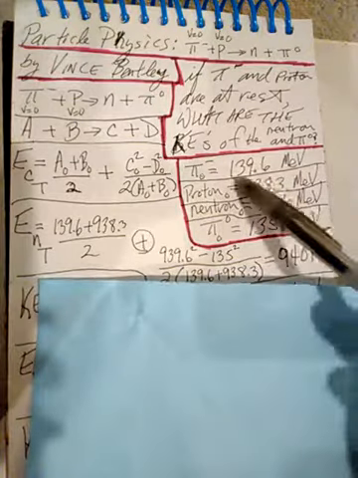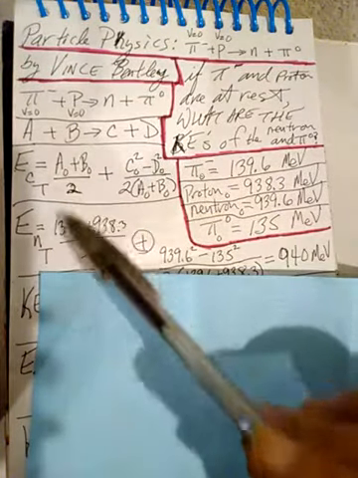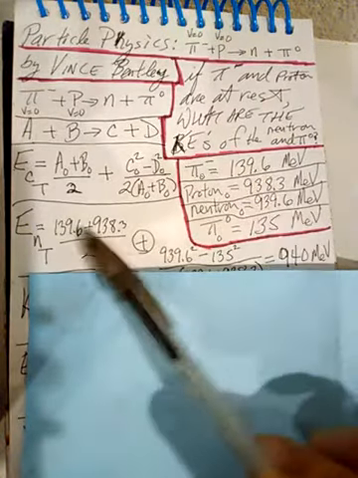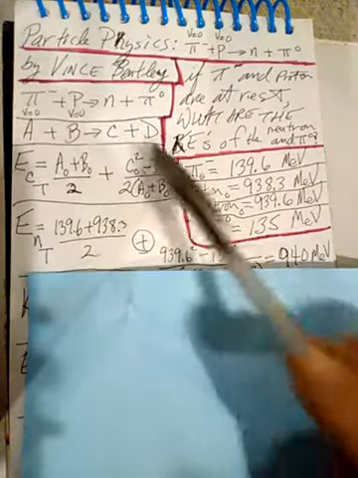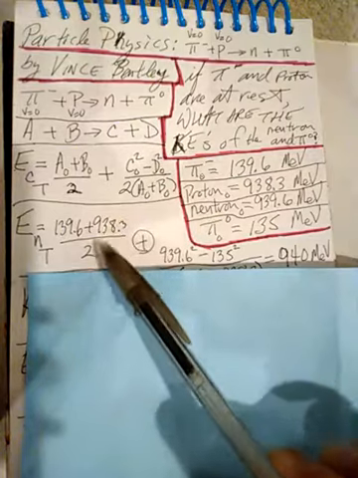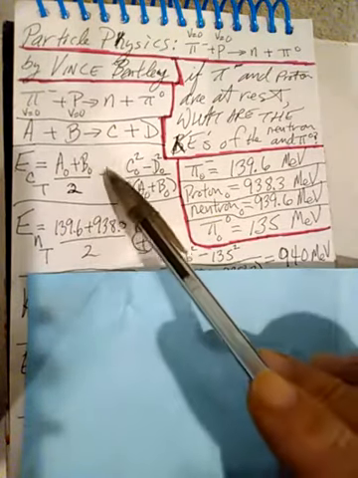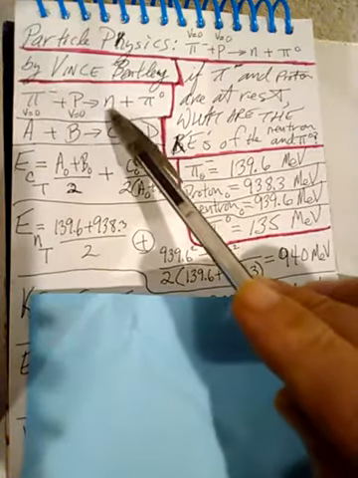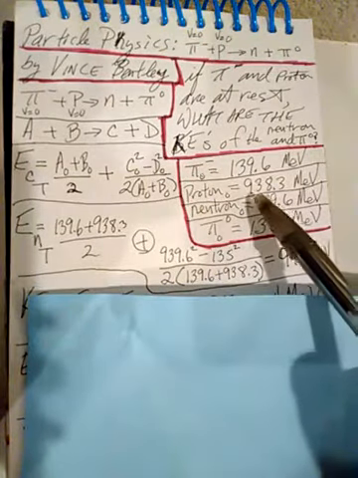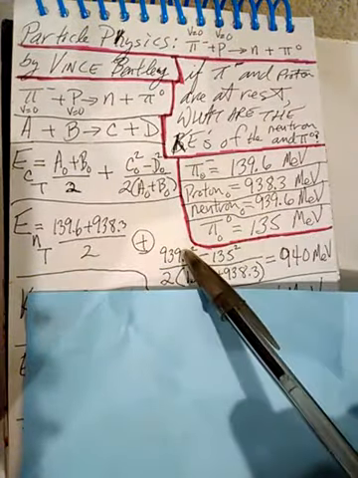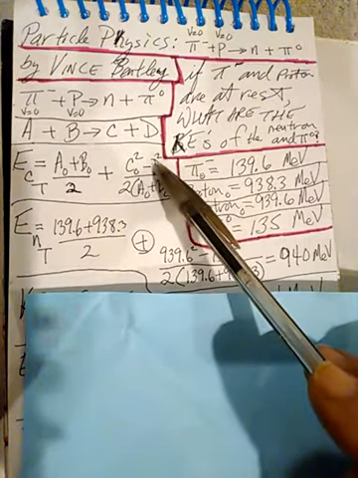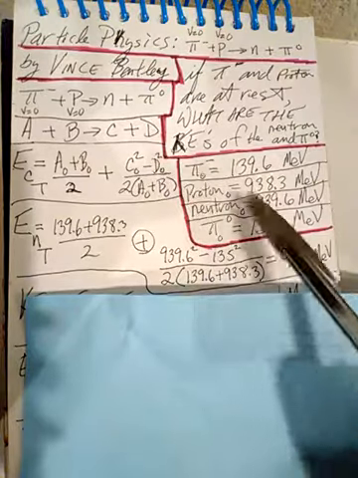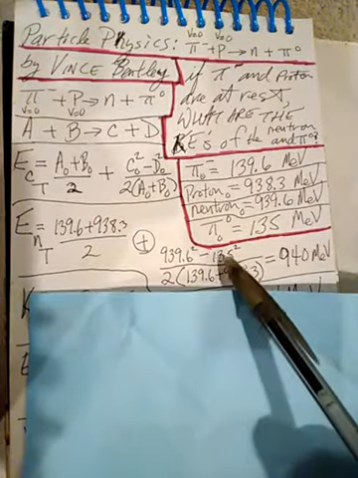So once we know all of these, we can plug them in here. The A is the pi meson, so I put the pi in there. The B is the proton, so I put the proton number in there. There's the divided by 2. Here's the plus. The C was represented by the neutron, so I put the neutron value in for C. The D is represented by the pi naught, so that's 135 MeV right there.